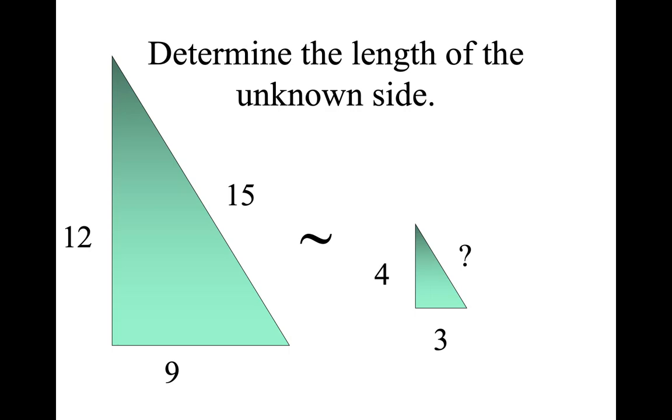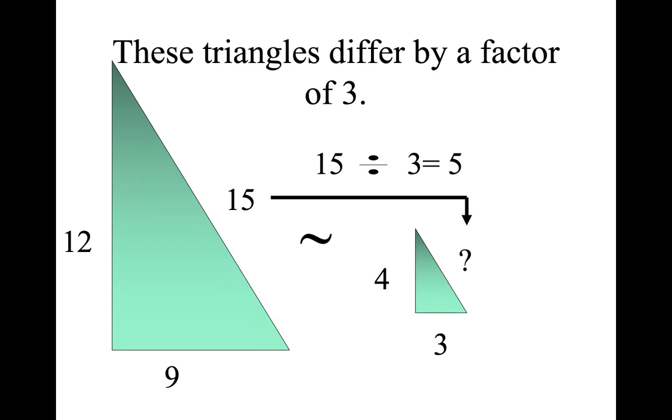So determine the length of the unknown side. In this case, I put a question mark. Most cases you'll have a variable here, like x, y, z, whatever, a, b, c. So solve for that missing side. What'd you get? You should have gotten 5.